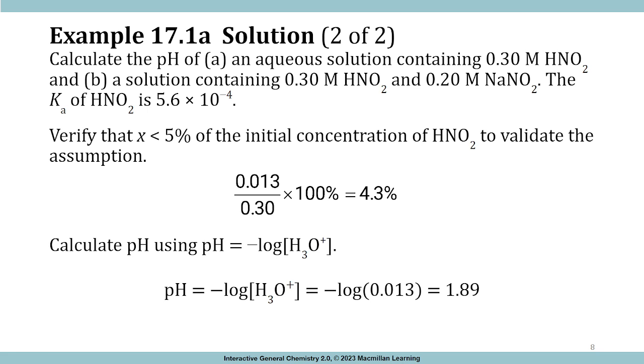Fantastic. The next problem we have is, well, we have a similar setup, don't we? 0.3 molarity. We have the same Ka, but now we're adding this right here, aren't we? Okay, and so sodium right here, that's the cation of a strong base, isn't it?